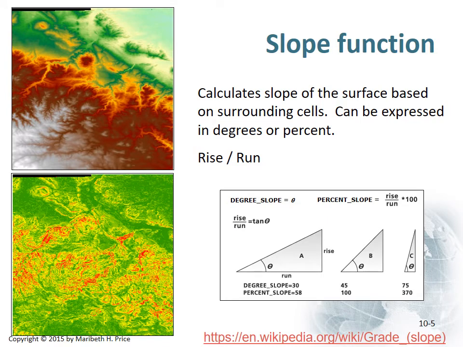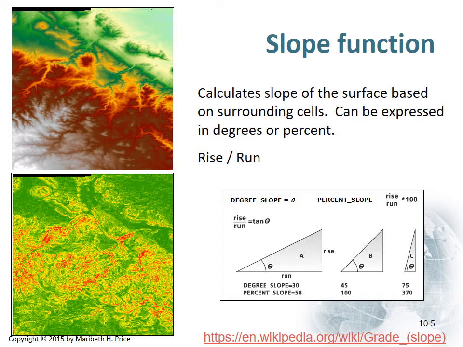Calculating slope is pretty straightforward. It's rise over run, calculated in degrees or percentage, depending upon your application and perhaps the career path or the field you're working in, or your analytical protocol may call for one or the other of these. Degrees and percent.